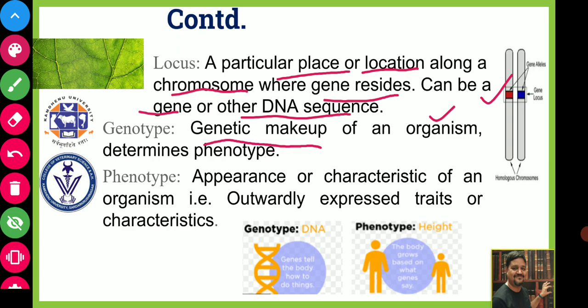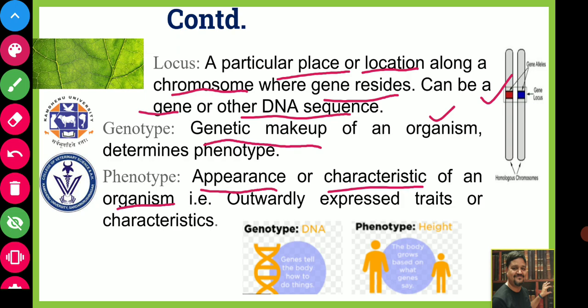What is phenotype? We know that genotype is the genetic makeup of an organism. Similarly, phenotype is the appearance or characteristic of an organism. These are the outwardly expressed traits or external appearance of an individual.